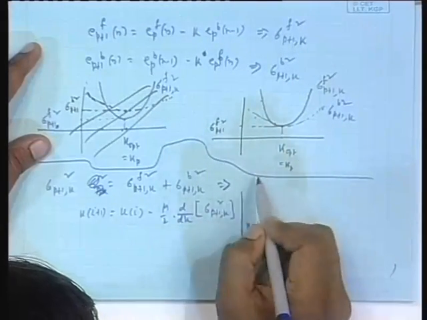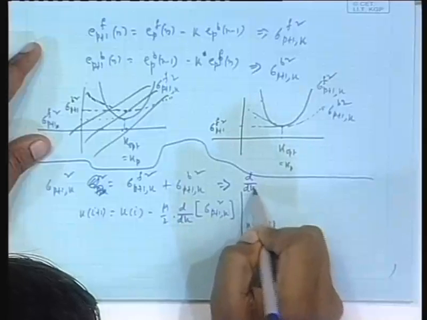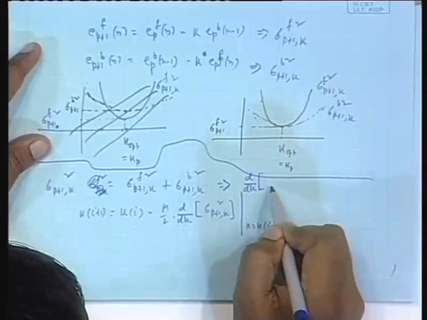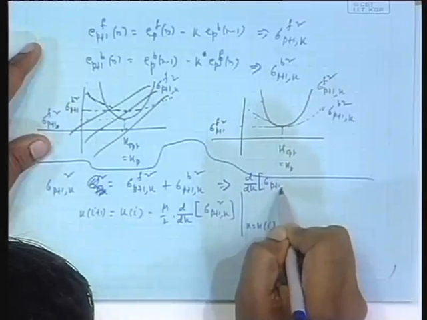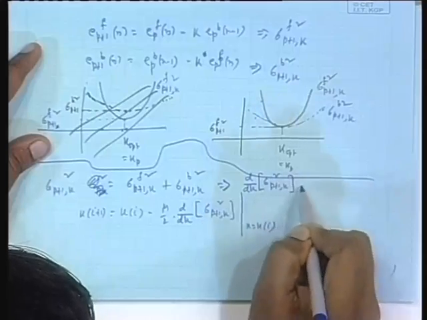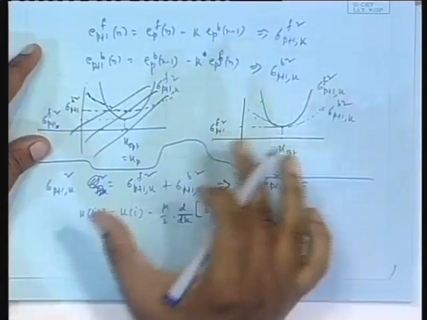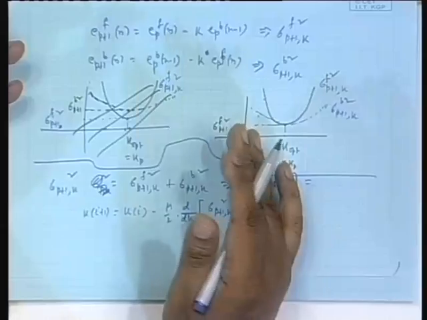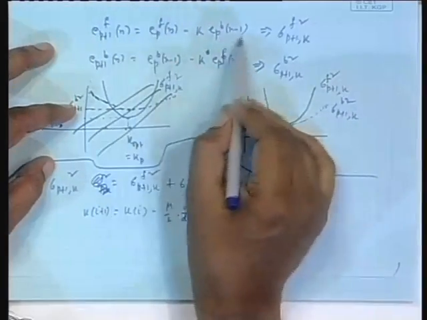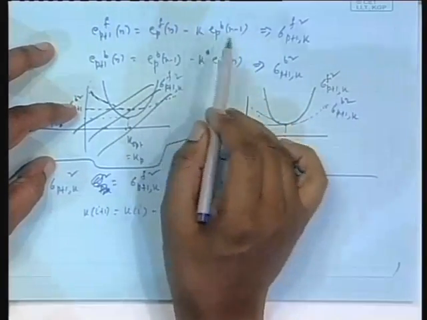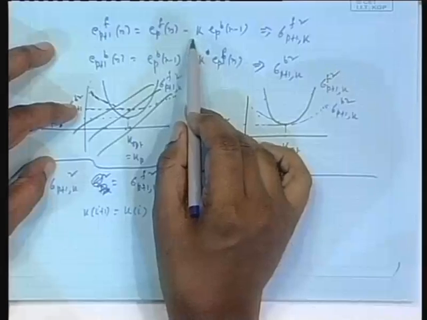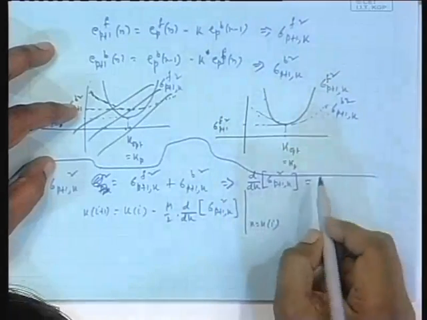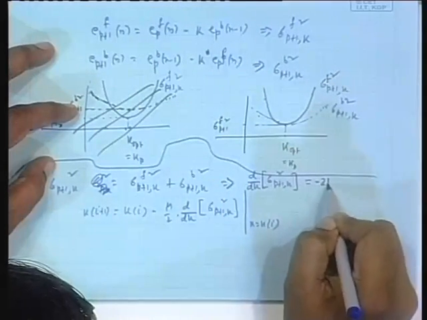This will give rise to what? D dk of this will be equal to what? You can mentally visualize it. There is no point in doing that. First, you take the square of this expected value and differentiate, and here also. Here you will get, in both cases, minus 2k will come out.